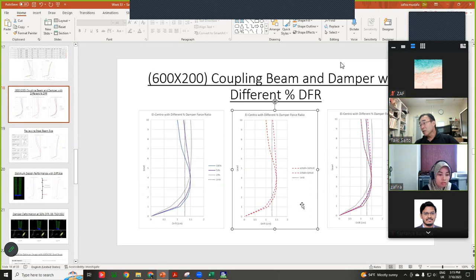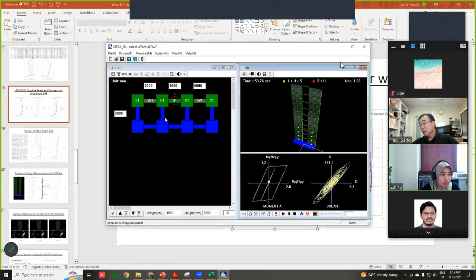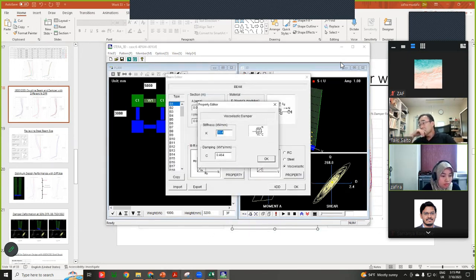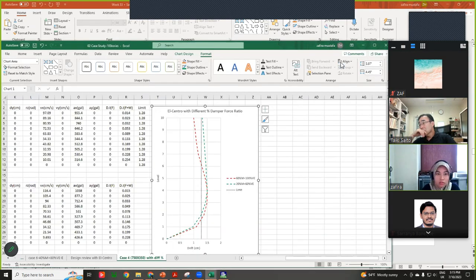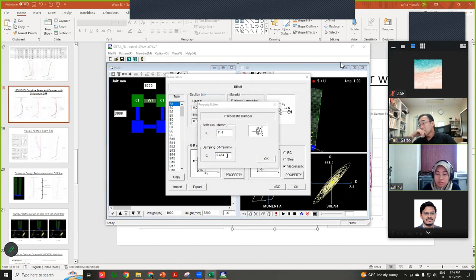And for 20% viscoelastic, did you check if the metallic damper is yielding? With 80%, I reduced to 8.55.